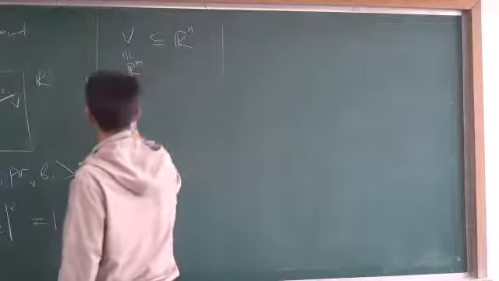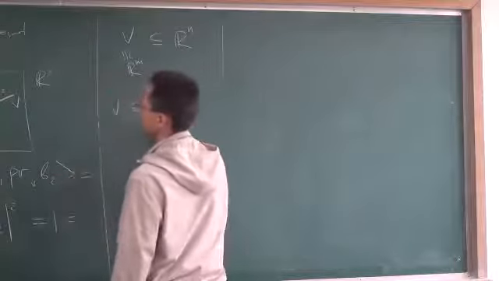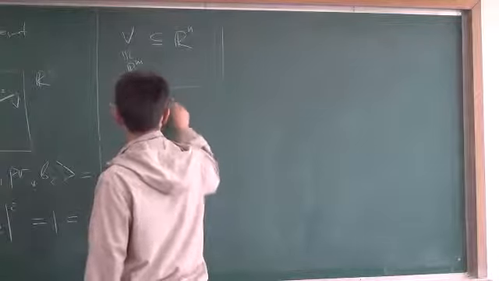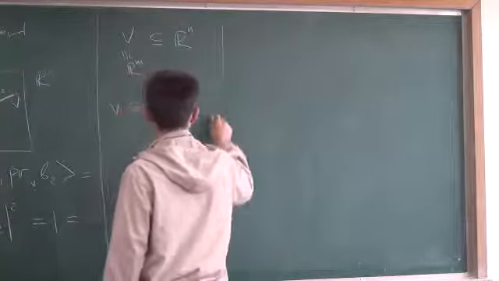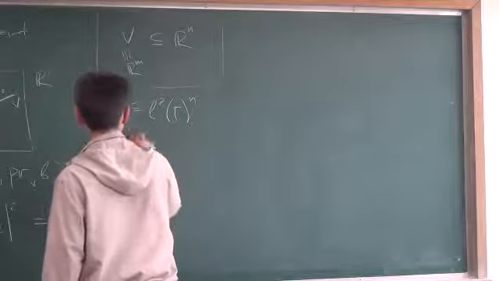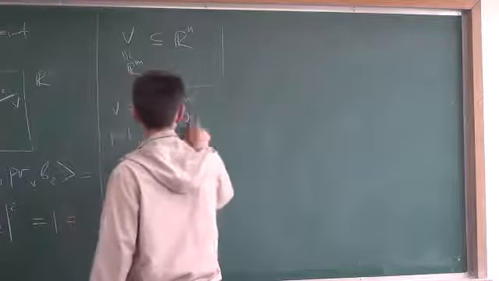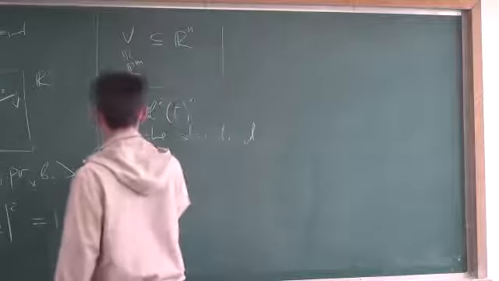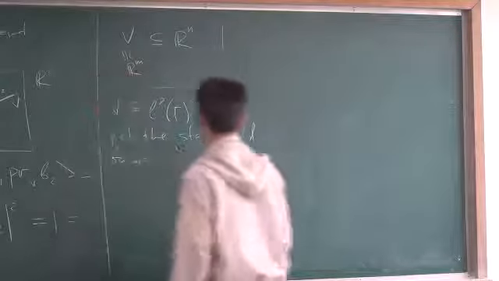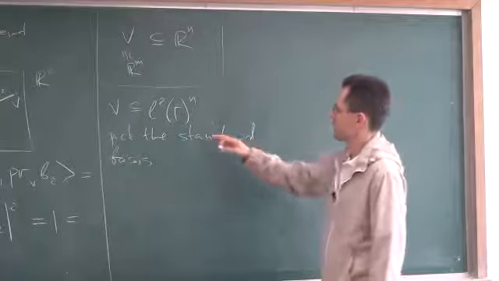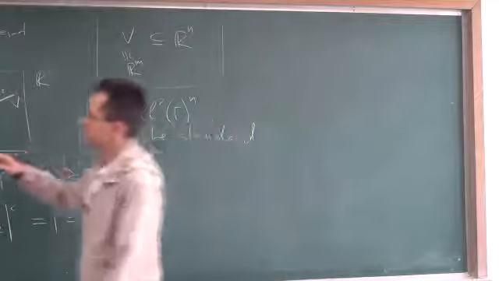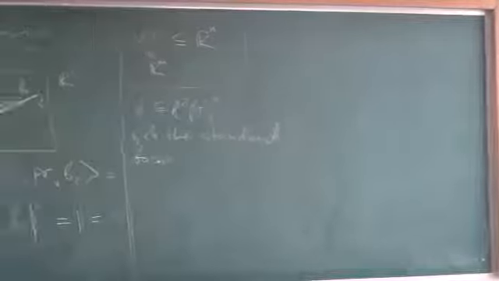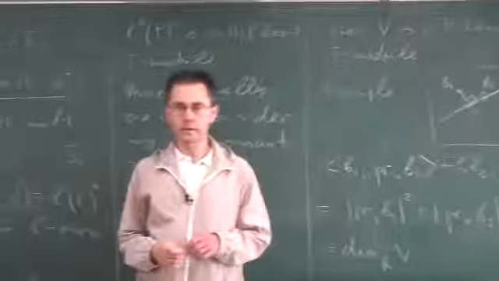If V is a Hilbert module, a Hilbert submodule of L2 of gamma to the n, pick the standard basis. Basis, but now basis in what sense? What was the standard basis for this? The standard basis is the set of pairs gamma cross some finite set.